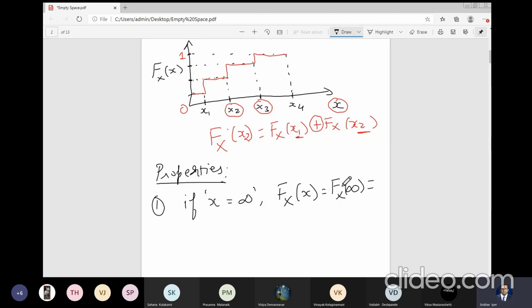And what will be this value? Anybody? What will be this value? Can anyone tell me what will be the value here? What should be the final value of this CDF?